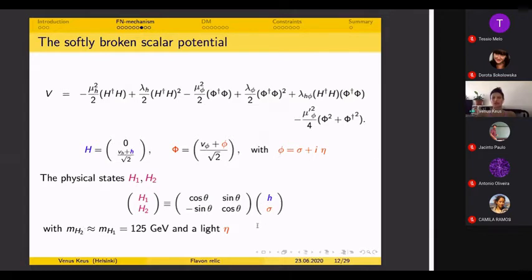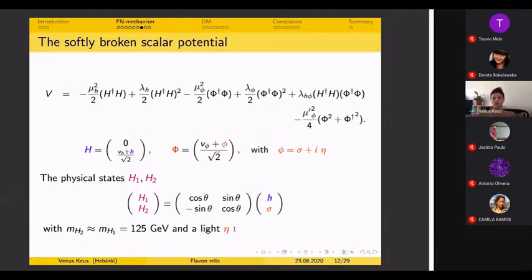But as I mentioned, this eta, which is now a pseudo-Goldstone boson whose mass is proportional to this softly breaking term, is a light particle. Naturally, a pseudo-Goldstone boson is a light particle. But we also want to see if this guy could play the role of dark matter. And if it is quite heavy, it could decay to this flavon, by definition coupled to leptons. If it's too heavy, it could easily decay to, let's say, a pair of electrons.